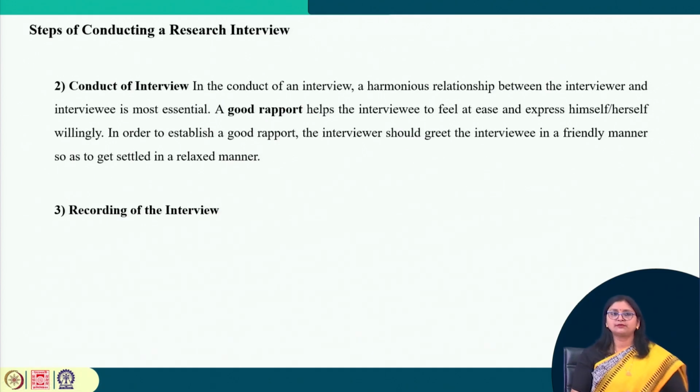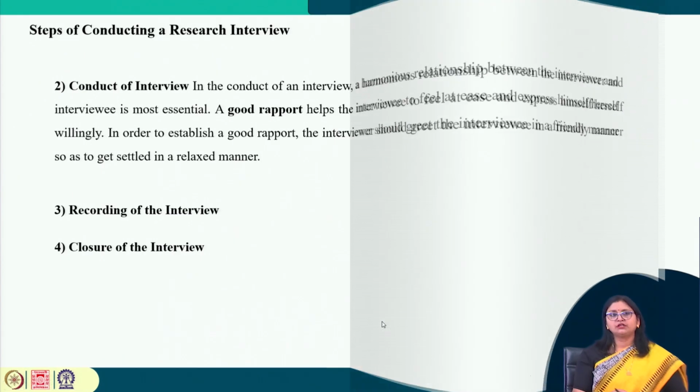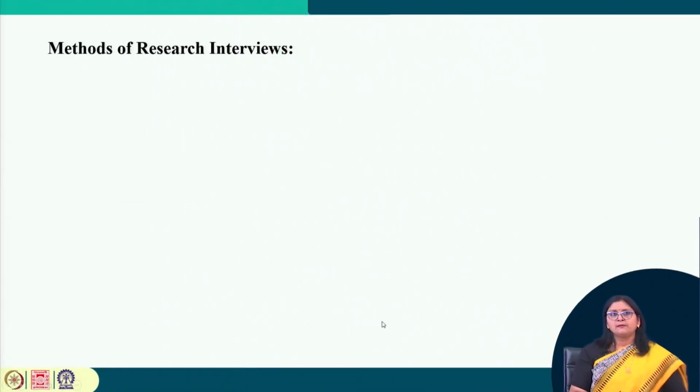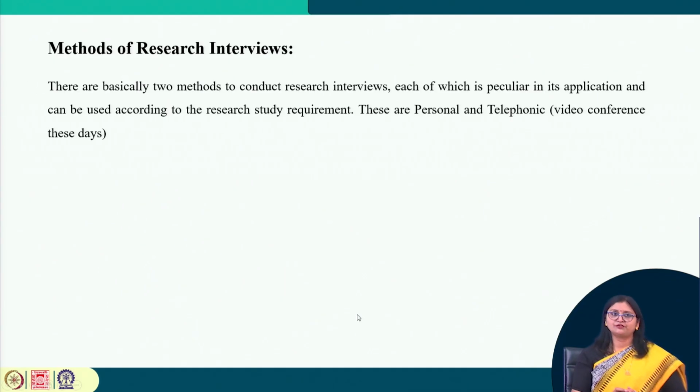Then go for the next step, recording of the interview, then closure of the interview. And if you are talking about the recording, take the permission before recording either audio or video. Then at the time of closure, say thank you, be humble, be polite and be thankful towards the interviewee.